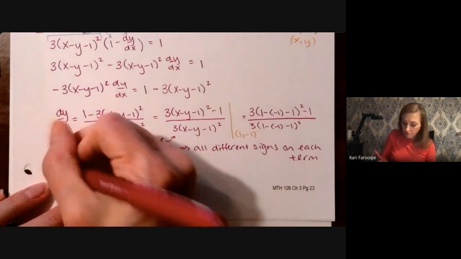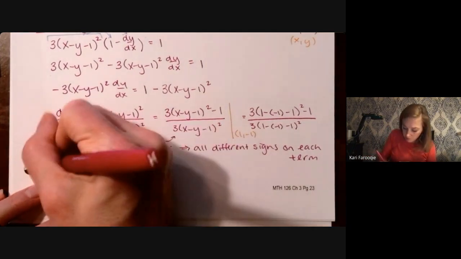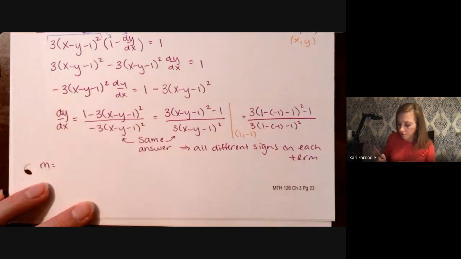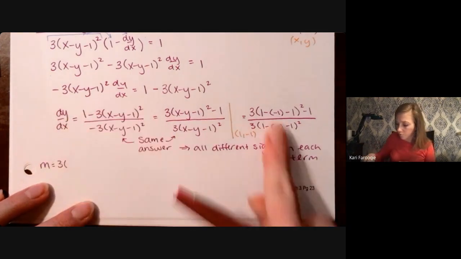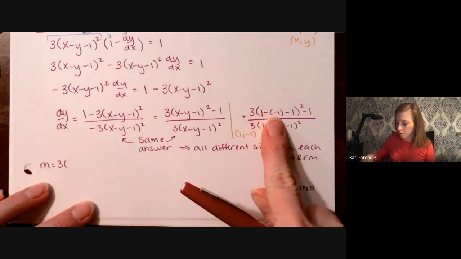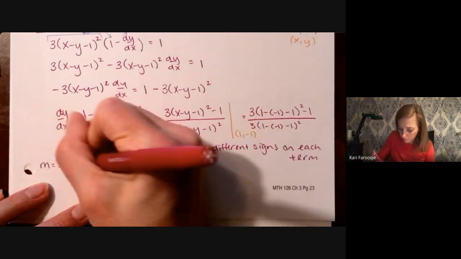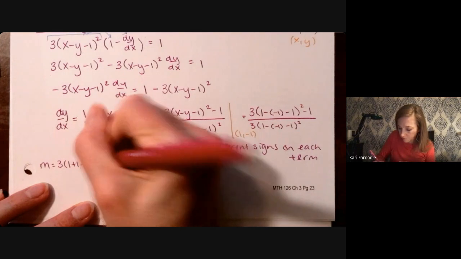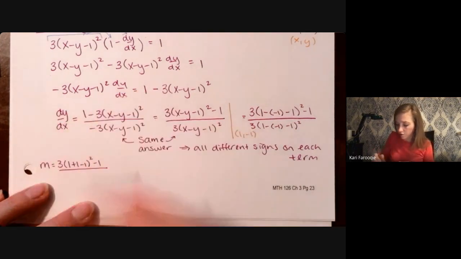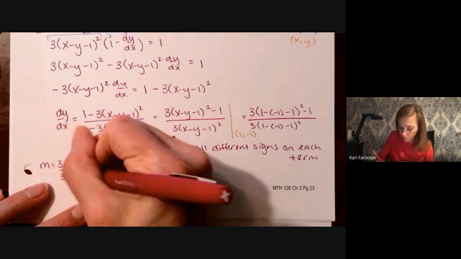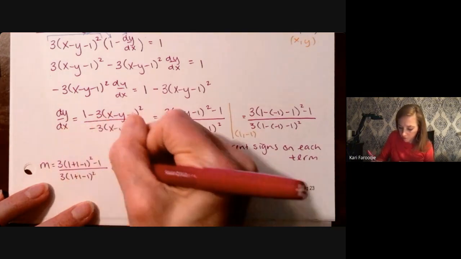All right, so let's see. M is our slope. It's our dy dx at this point. This is going to be 3 times 1 plus 1 minus 1 squared minus 1 divided by 3 times 1 plus 1 minus 1 squared.